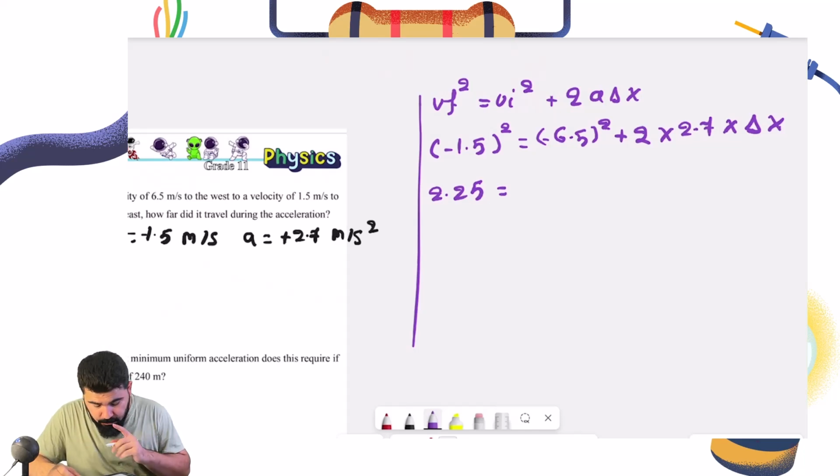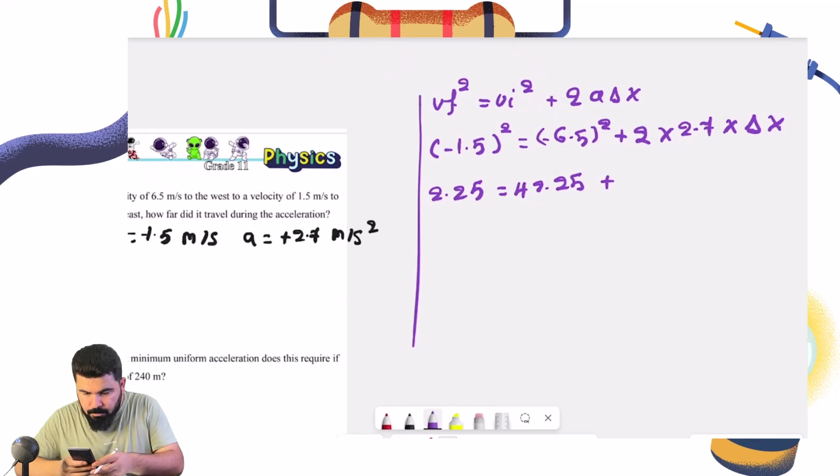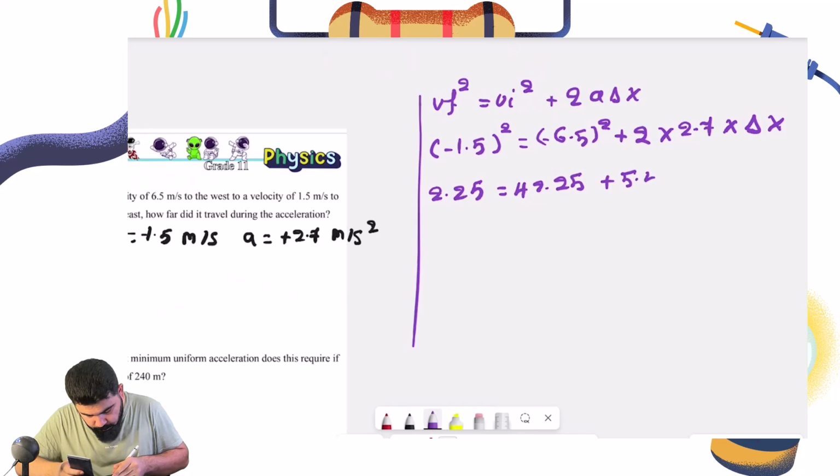Negative 6.5 squared is going to be 42.25. And then plus 2 times 2.7, which is 5.4. So 5.4 delta x.